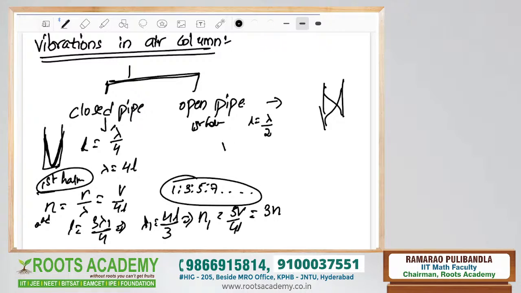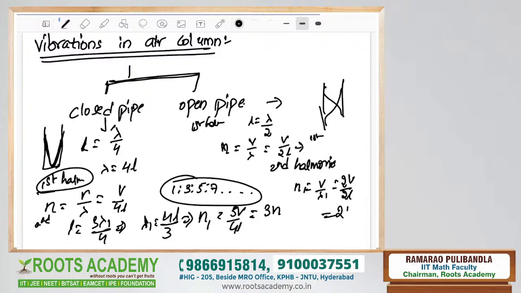So with that, frequency N is equal to V by lambda, that gives you V by 2L. So this would be the first harmonic. Considering the second harmonic, we'll be getting N1 as V by lambda 1, which is 2 times V by 2L, that is nothing but 2N.